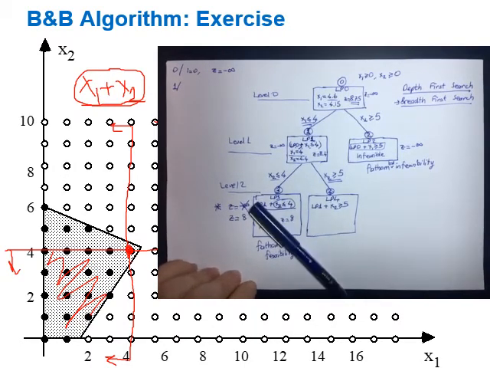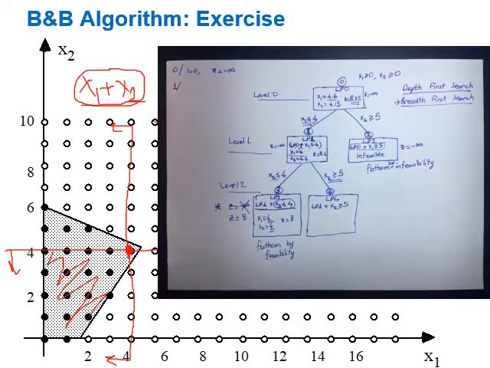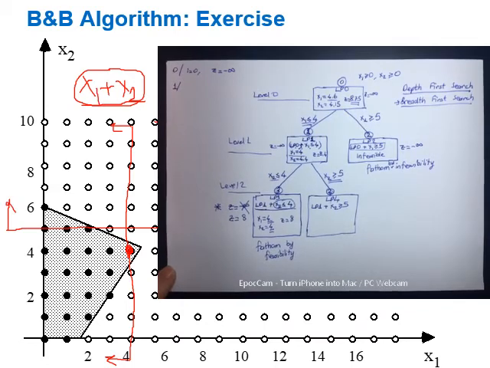Okay, let's return back to the graphic to understand this feasible region. I have x1 less than or equal to 4, and I have x2 greater than or equal to 5. What is that constraint? It is this one, right? x2 greater than or equal to 5.